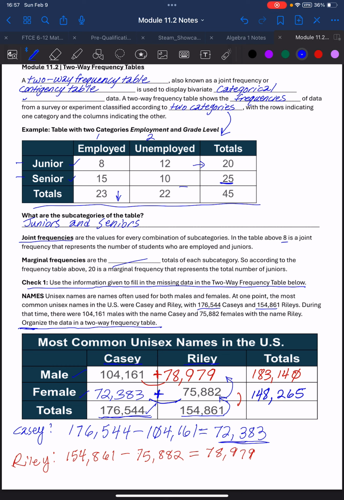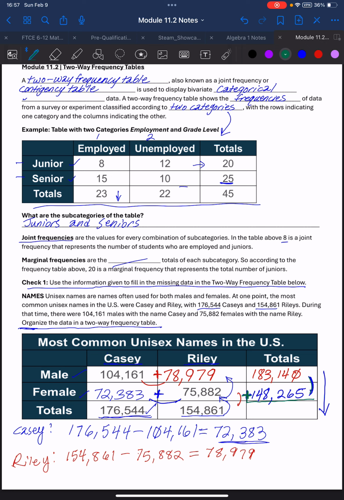Now, the other way that we're going to read it. First we're reading horizontal from left to right. Now we're going to read going down to find the total. So now to find the totals of all the kids, both male and female, named Casey and Riley, I've got to add these two numbers together. So I'll put a plus right here. Plus there. And I'm going to use a different color. Why not? We'll use green. So now I want to find the total between these two numbers.